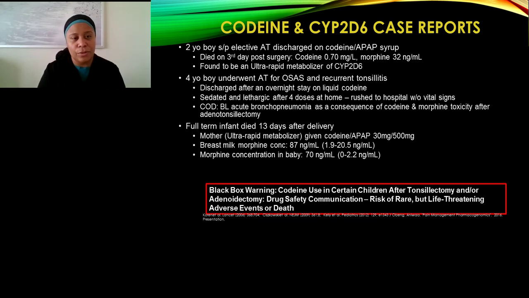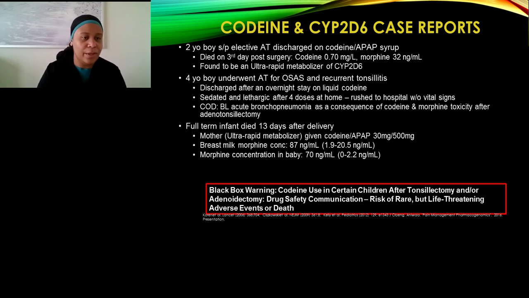So that 2-year-old boy received morphine at lethal doses. So it's not that the codeine was bad, but the patient themselves was an ultra-rapid metabolizer of CYP2D6. So they just converted it all to morphine.